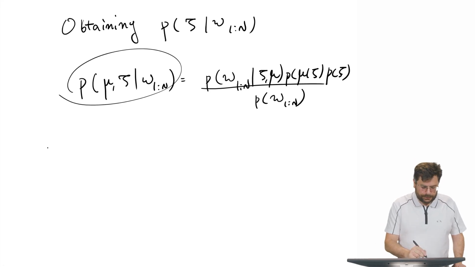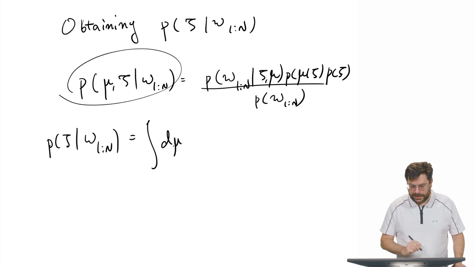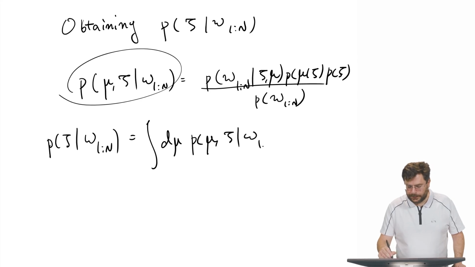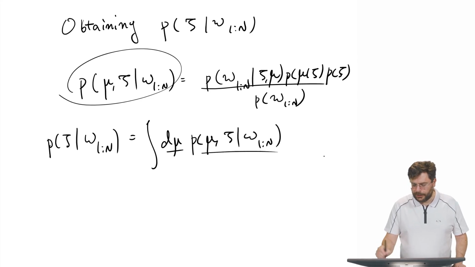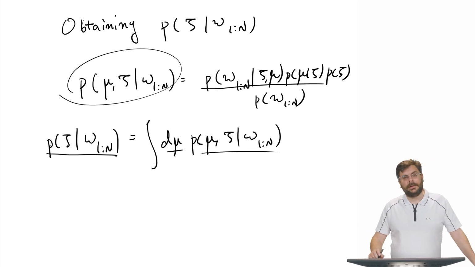What I also know is that p of tau given w1 to n is the marginal of that object. So if I marginalize over mu of my posterior, then I should obtain my marginal over tau. Okay, how do I do this integral?